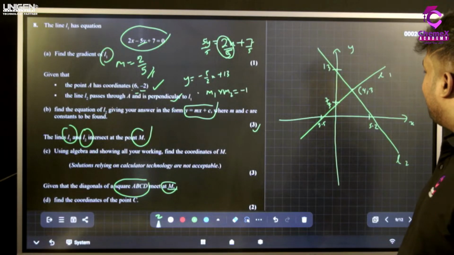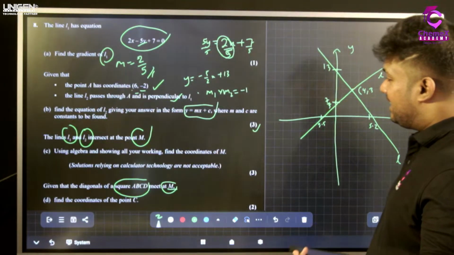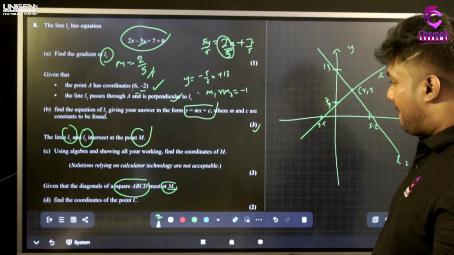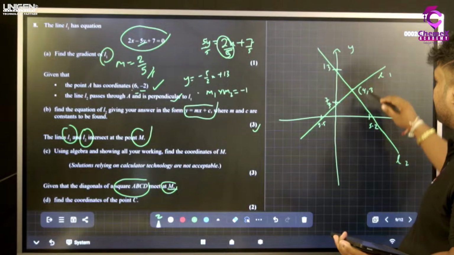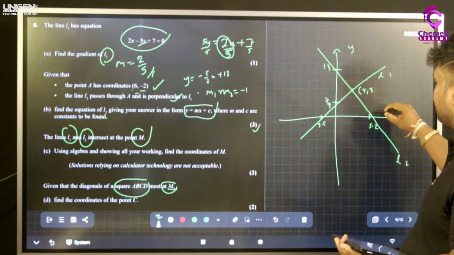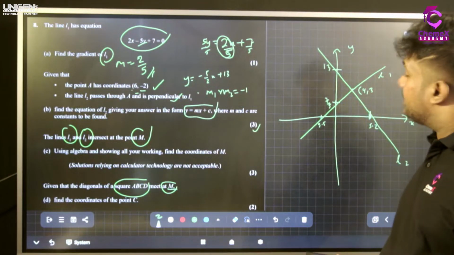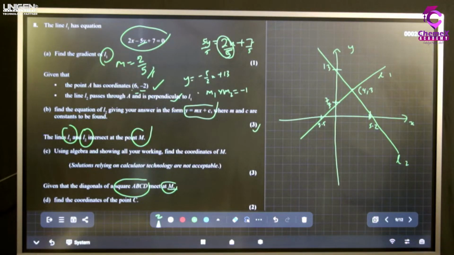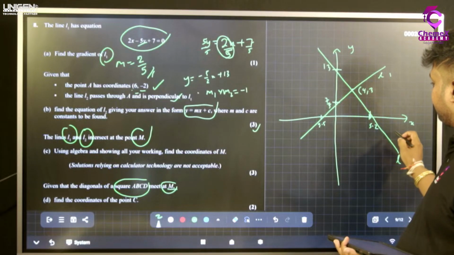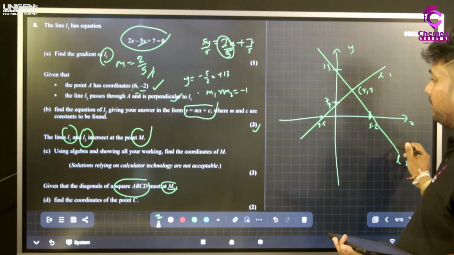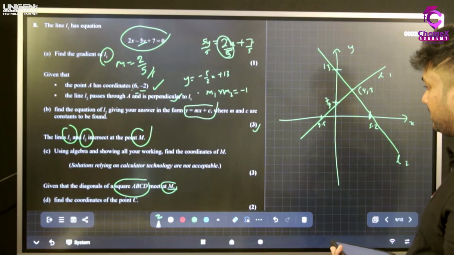Then taking A, what is A? A is 6 and minus 2. 6 and minus 2 will be somewhere on the L2 line.